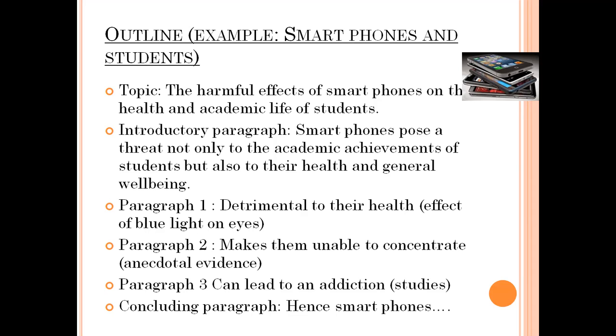And for the blue light, you can cite studies from your research, whatever articles you found online, newspaper articles, journal articles, scientific studies and research. All these figures you can add for the effect of blue light, right?